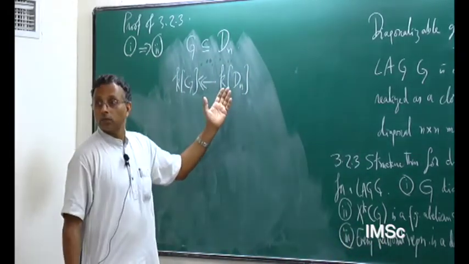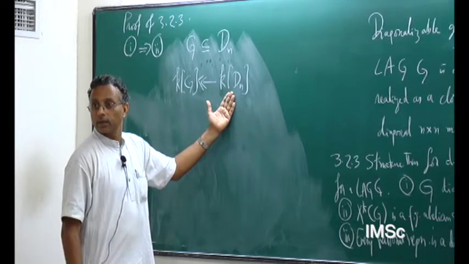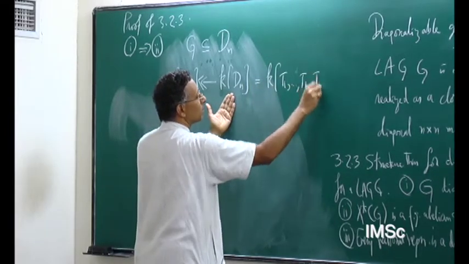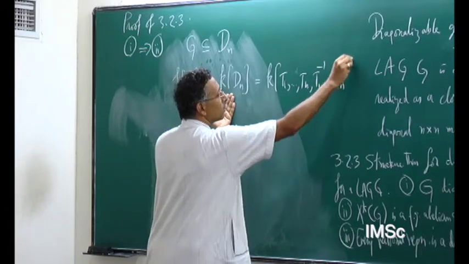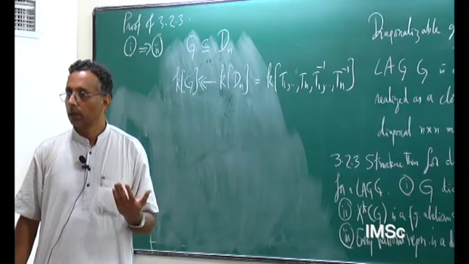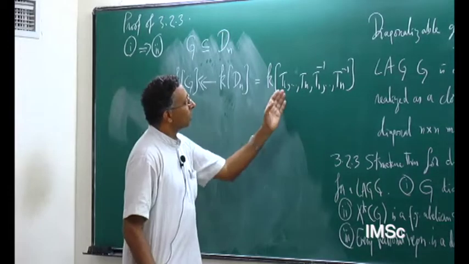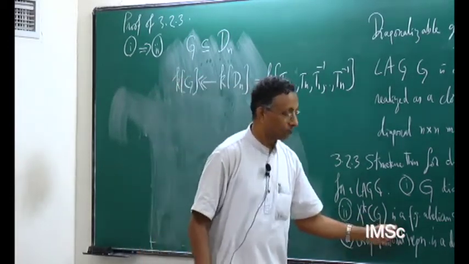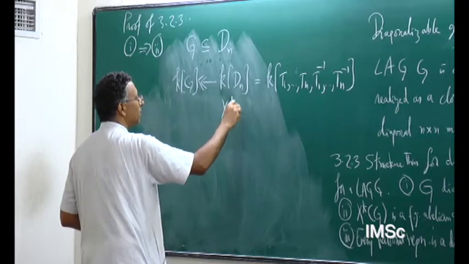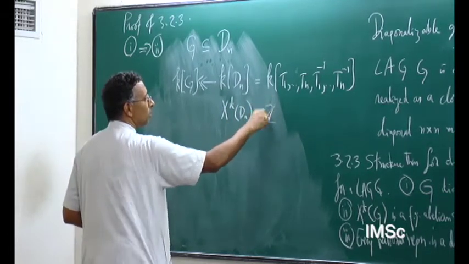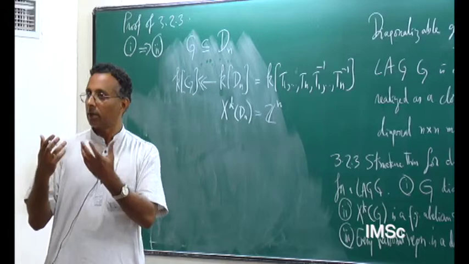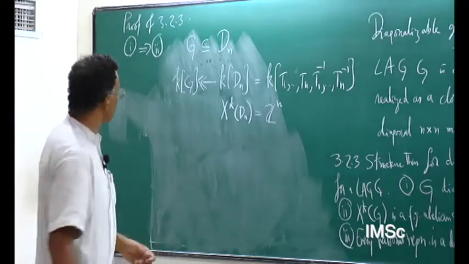Now, what is this? This has this property: the character group X*(Dn), we observed last time, is the free abelian group on n generators.